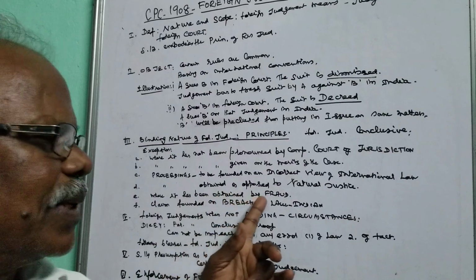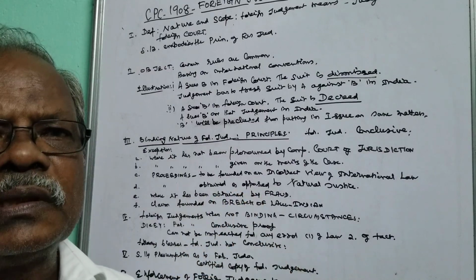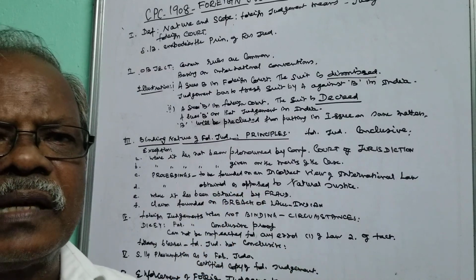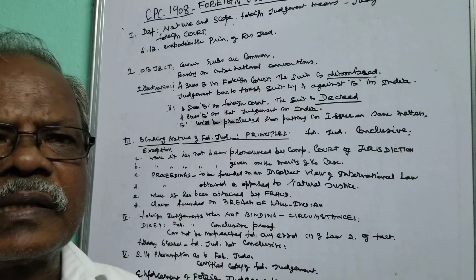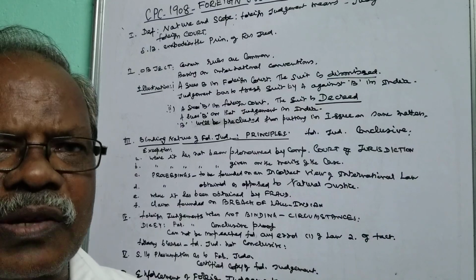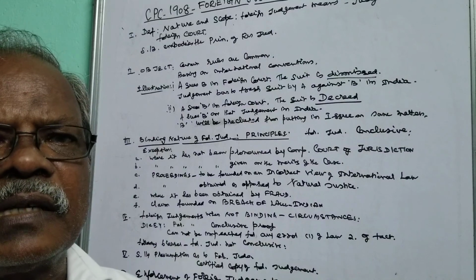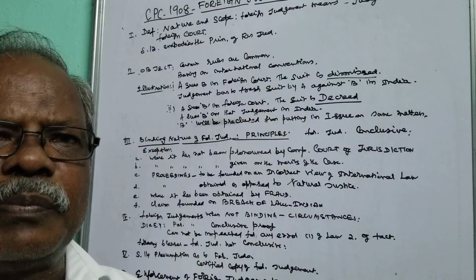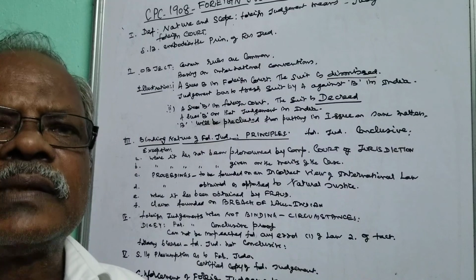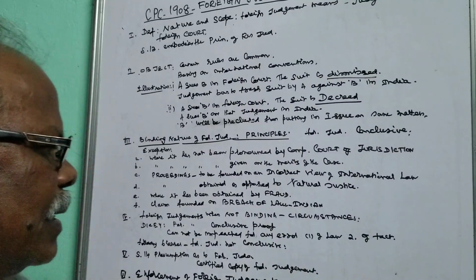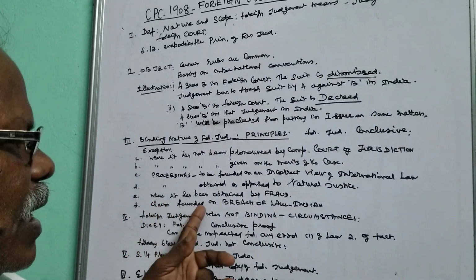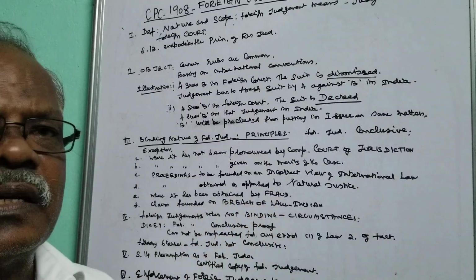Then, where it has been obtained by fraud. Suppose any fraud has been committed in getting the judgment in the foreign court, then it is not applicable. It cannot be accepted as the judgment. And where the claim is founded on a breach of law.